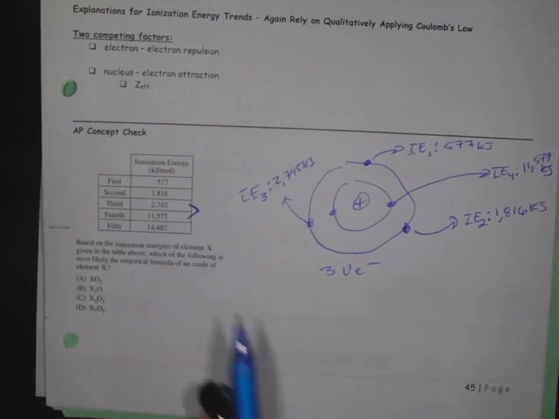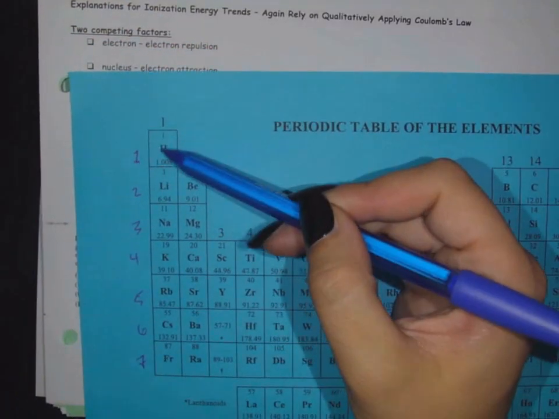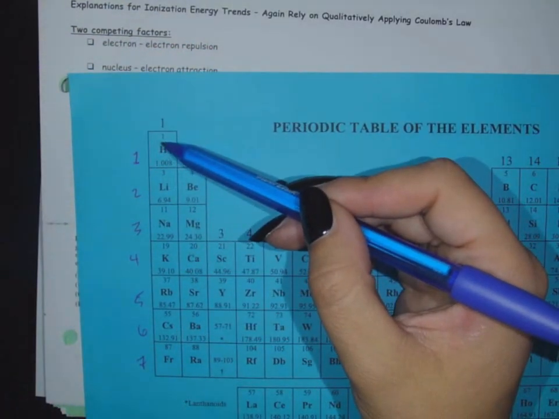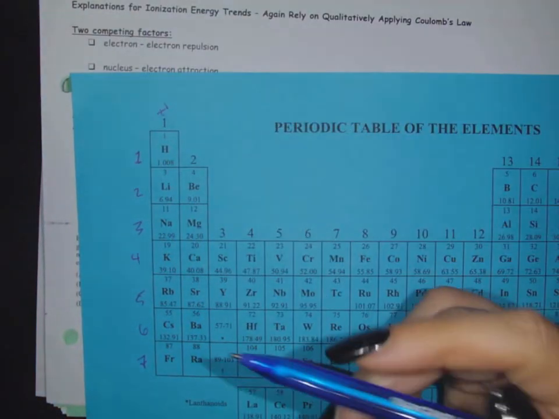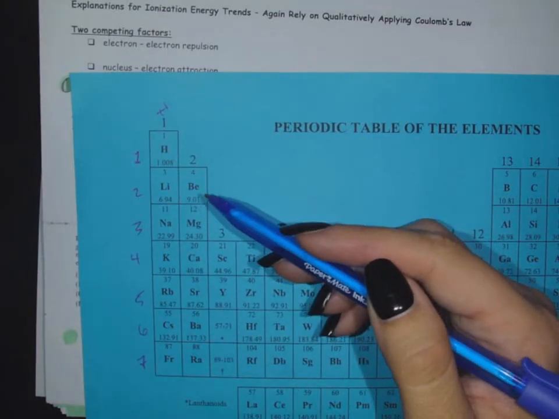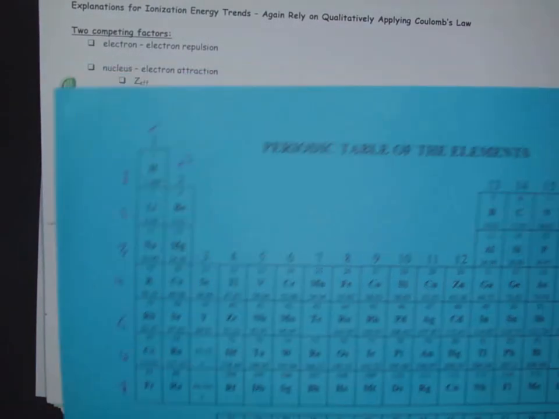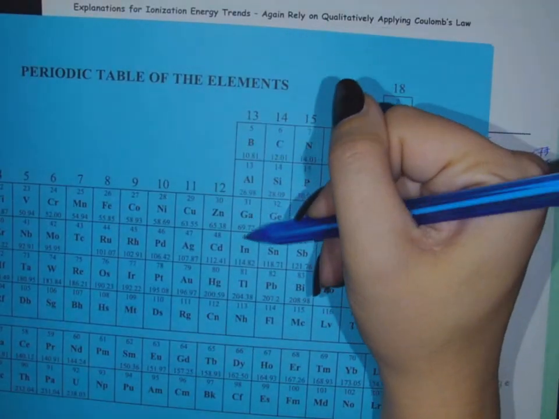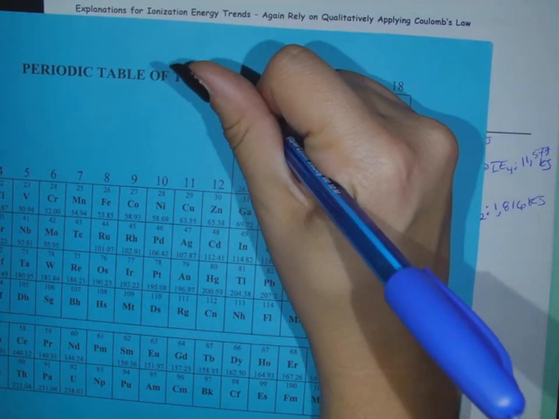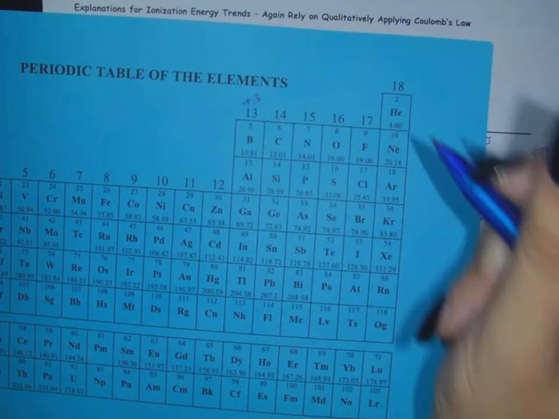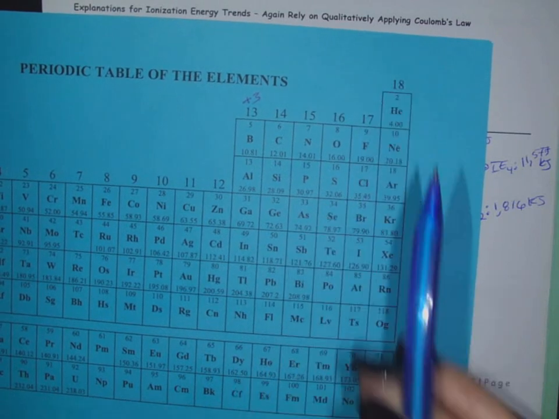Reminder, any atom in group 1 has 1 valence electron, and when it forms ions, they have a +1 charge. Any atom in group 2 has 2 valence electrons, and forms ions with a +2 charge. Any atom in group 13 has 3 valence electrons, and forms ions with a +3 charge. Then we get 4, 5, 6, 7, and 8 valence electrons.